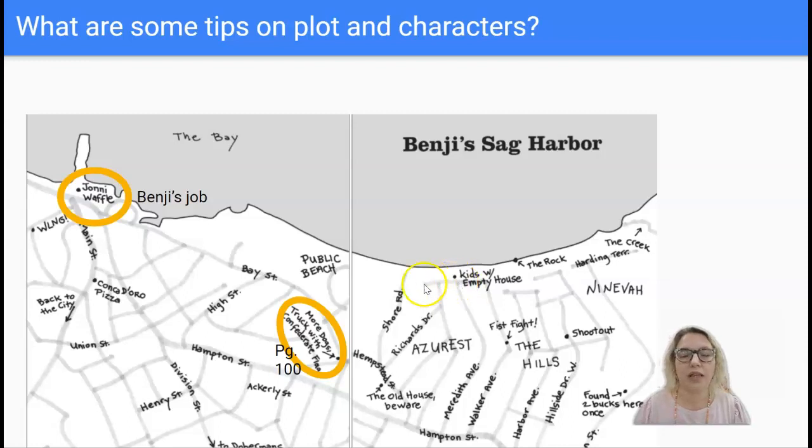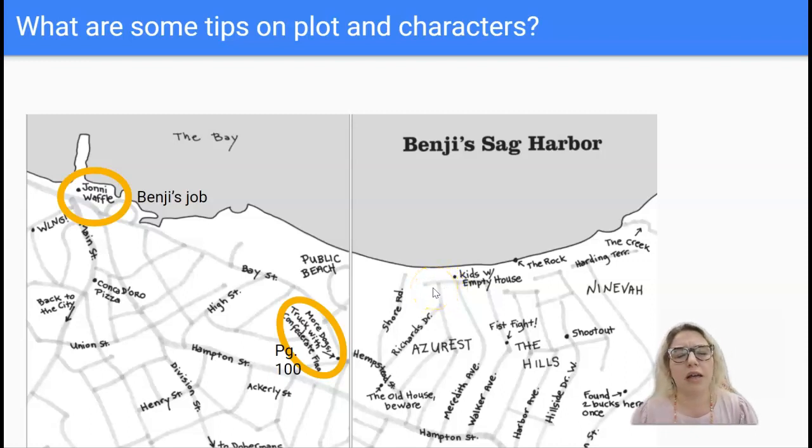But the problem with walking on the beach, of course, is that then he has to interact with other people. He has to play nice with all of the adults hanging out on the beach and make friendly small talk and all of those annoying things that Benji does not like to do.